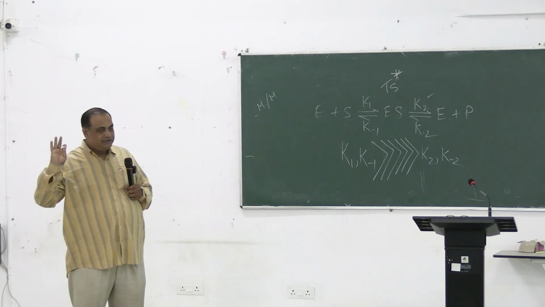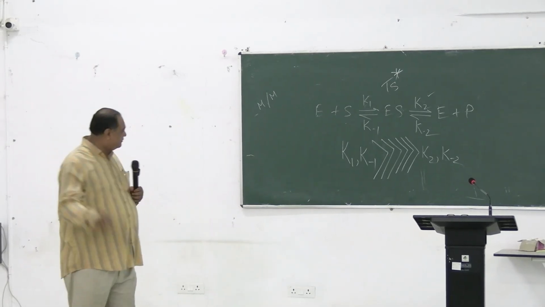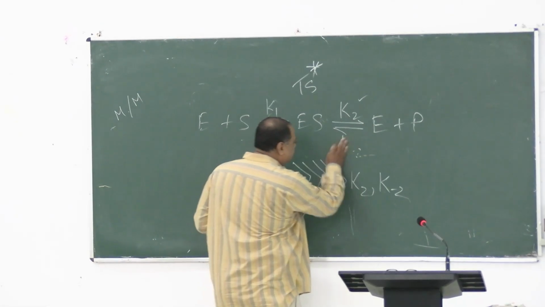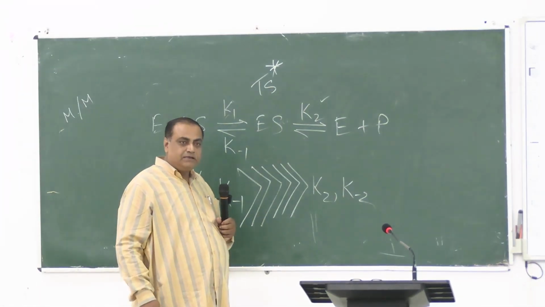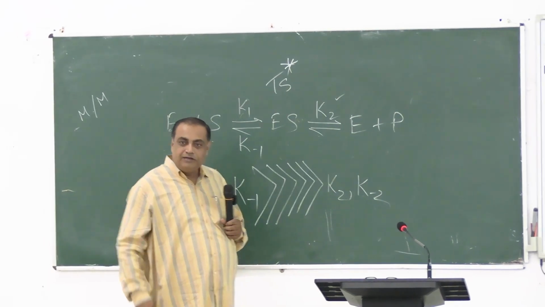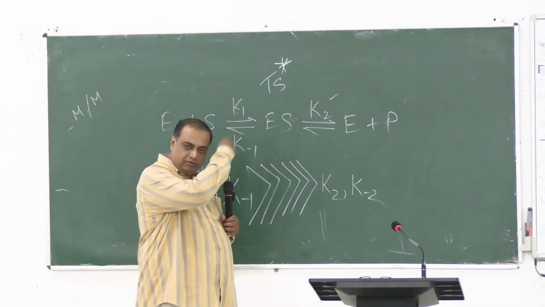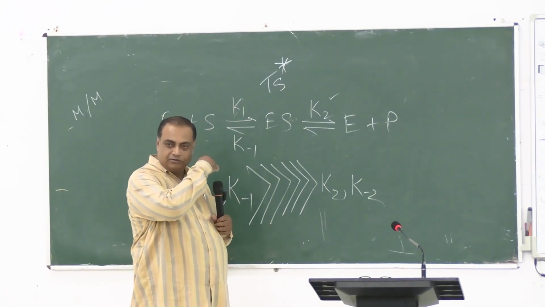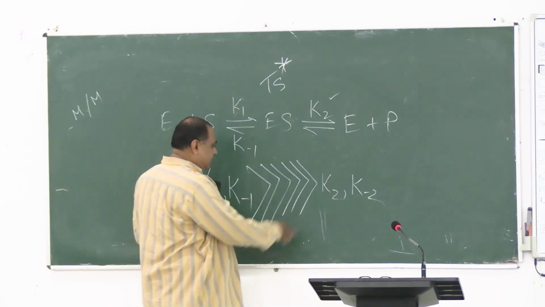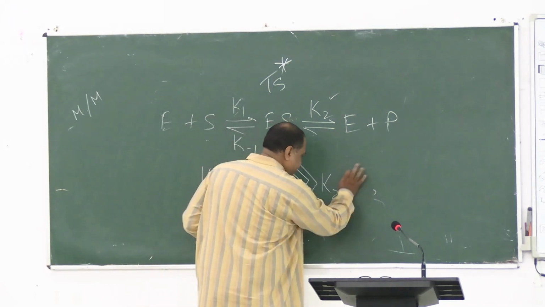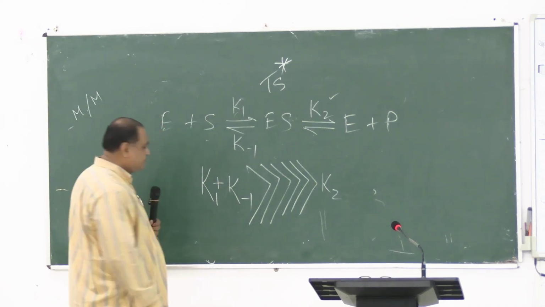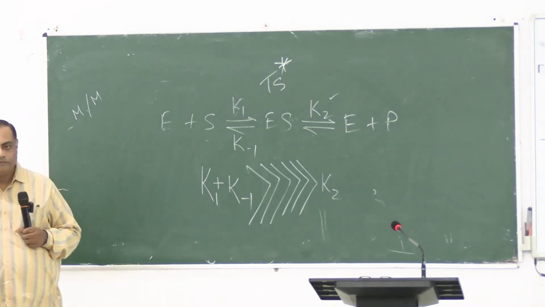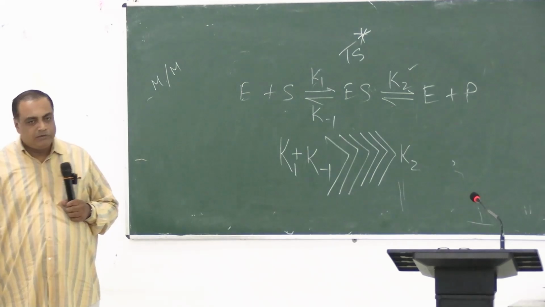This was the first concept they gave. If it is very low, there is no question of this. If the product is hardly formed, there is no question of product being formed back into the enzyme-substrate complex. So they said that K2, correct. Now what is the constant here?